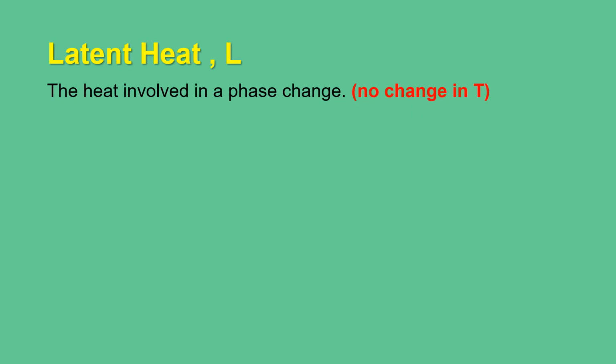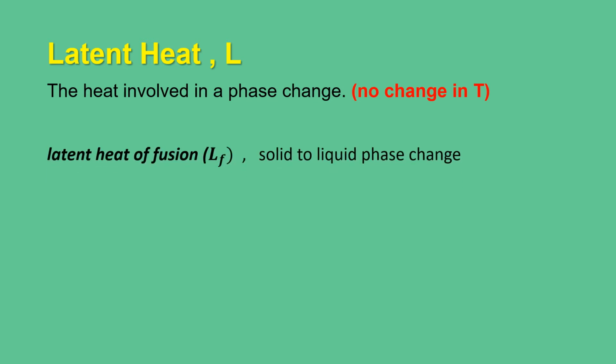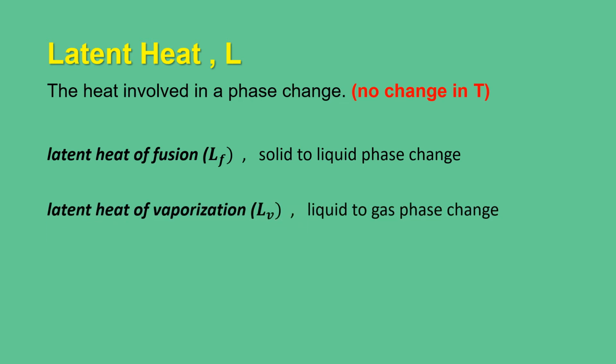There are two types of latent heat. The first one is the latent heat of fusion, or LF. It is the heat involved in the phase change of a solid turning into liquid. And the other one is the latent heat of vaporization, or LV, that is the heat involved in the phase change of a liquid turning into gas.